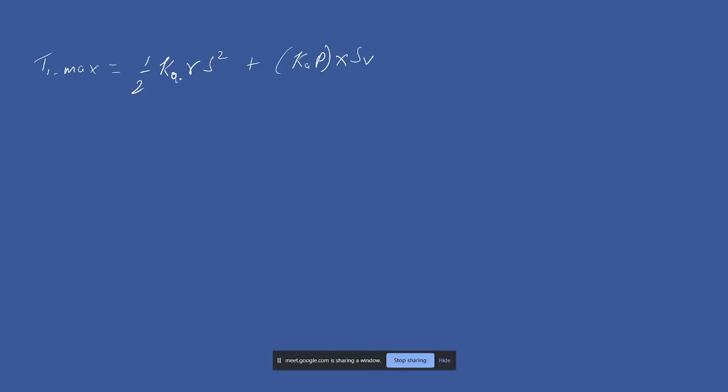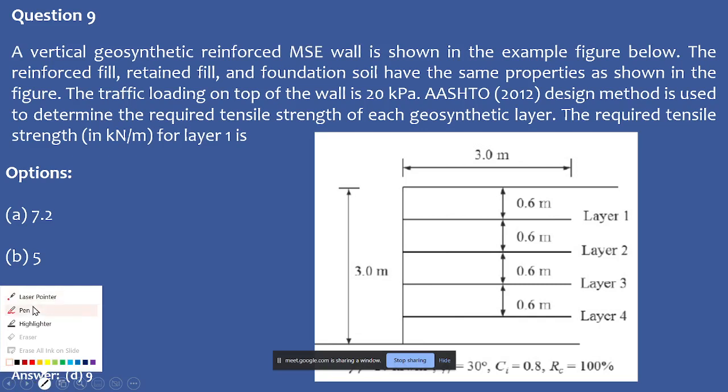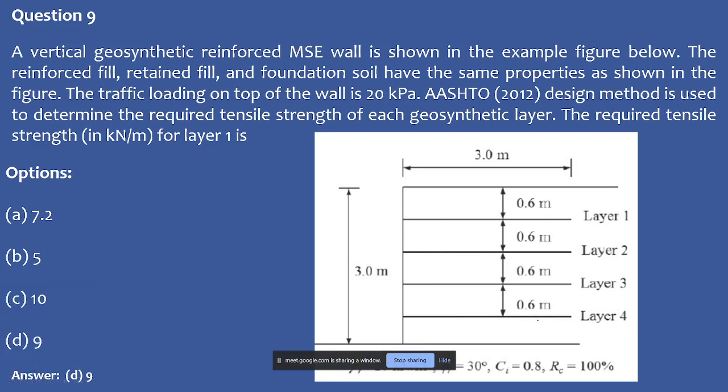So Ka you can calculate as tan square of 45 minus phi by 2. Phi is given as 30 degrees, right? Yeah, here you can see phi is 30 degrees.